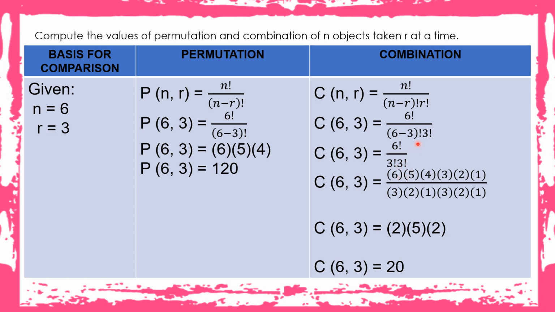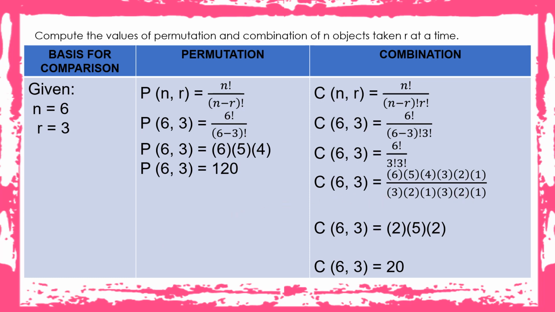Simplify the numerator, so it will become 6 times 5 times 4 times 3 times 2 times 1. And for our denominator, we have here 3 factorial times 3 factorial, so this will become 3 times 2 times 1 for our first 3 factorial. For the second 3 factorial, we have 3 times 2 times 1.